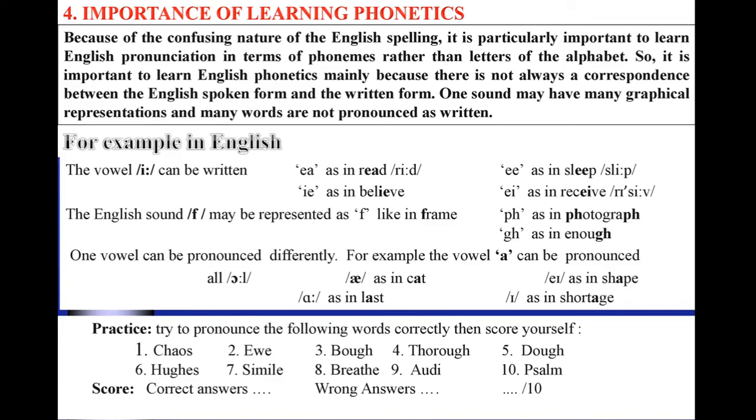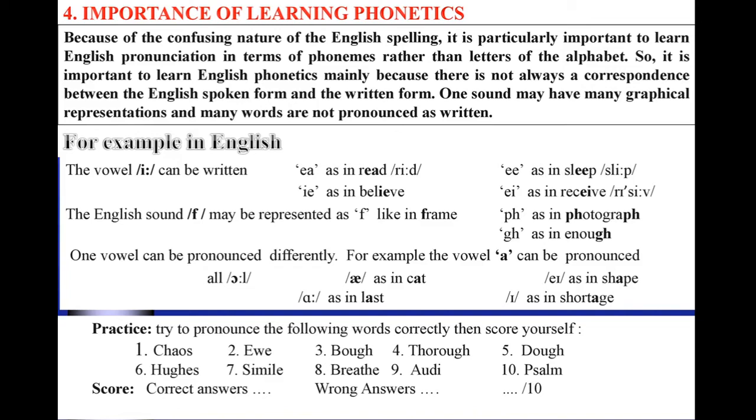I will give you this list of words, try to pronounce them, and then score yourself. You will have 1 minute. For example, in English, the vowel E can be written as EA, like in the word read, or we can find the long vowel E as IE, as in believe.